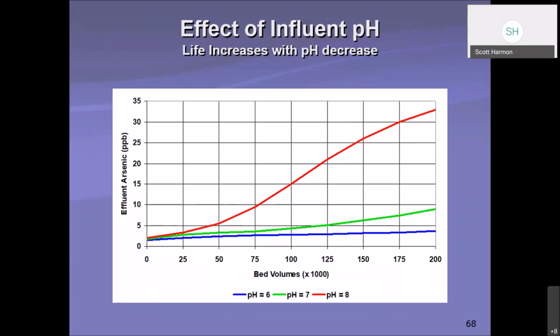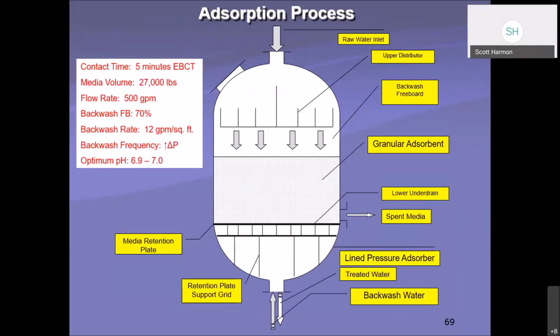I'm not going to go ahead and explain, but you can see the different pH variants that go with that, and you can see if you're not in that sweet zone, you might not get as much of the effluent arsenic removal as you want. I don't know if folks can really see this chart very well. I'm hoping you can. Again, you can look at these on your own.